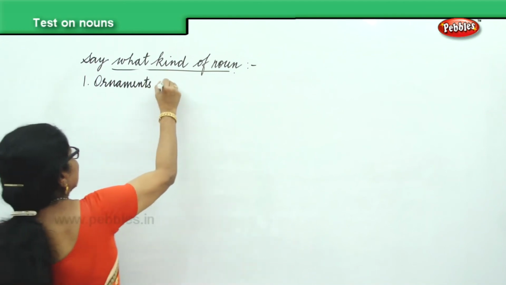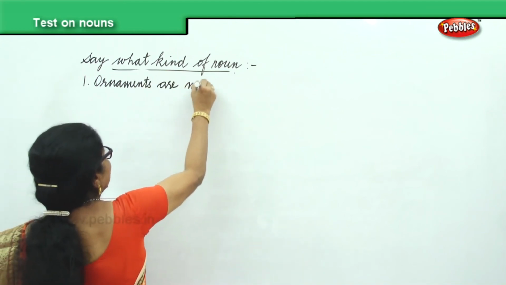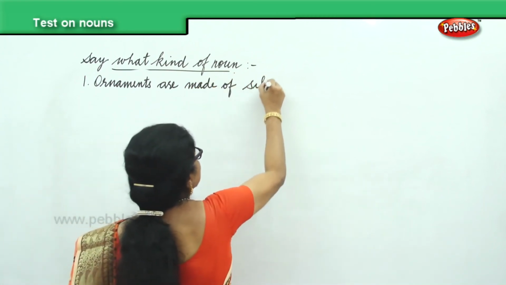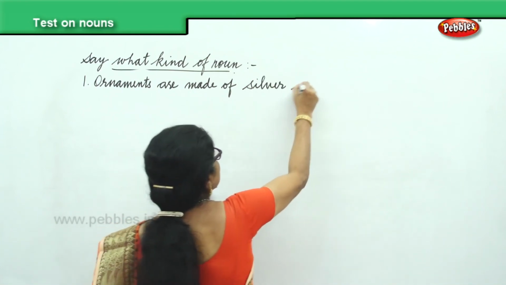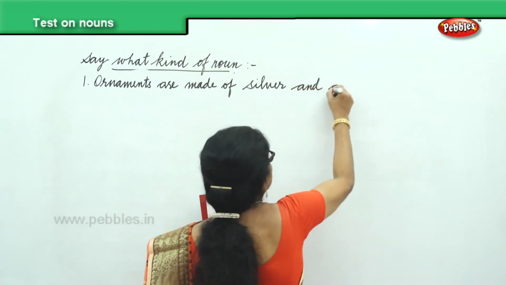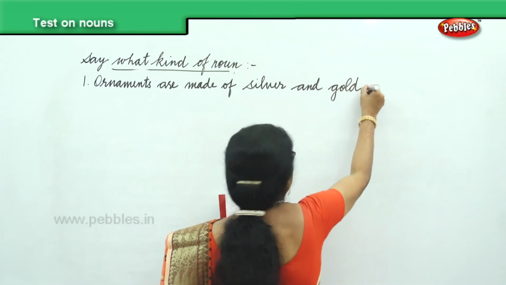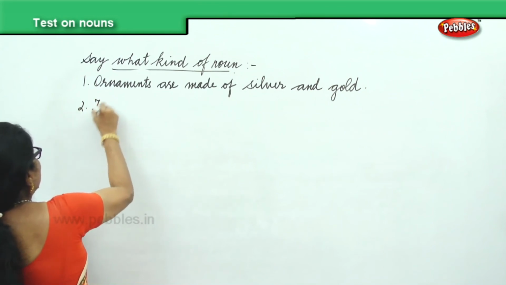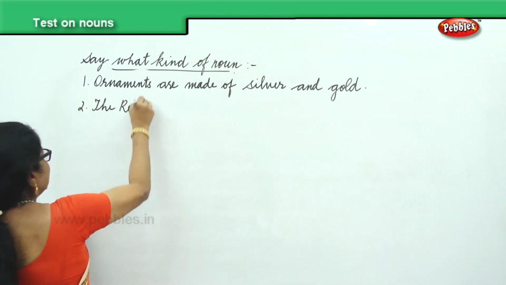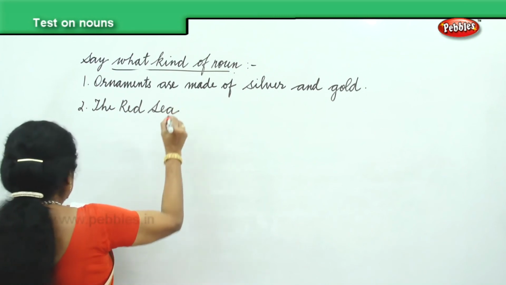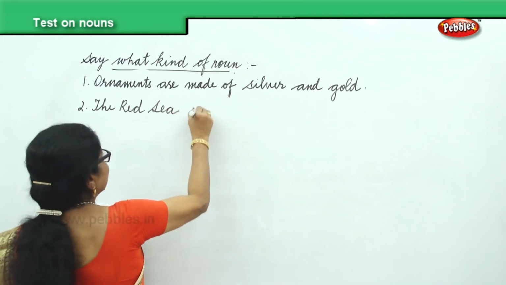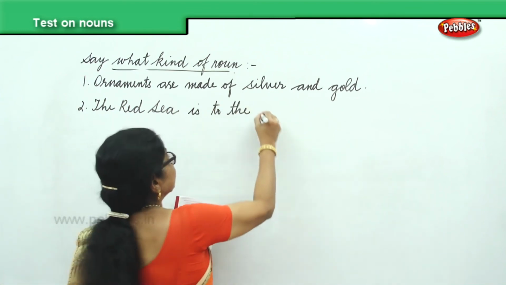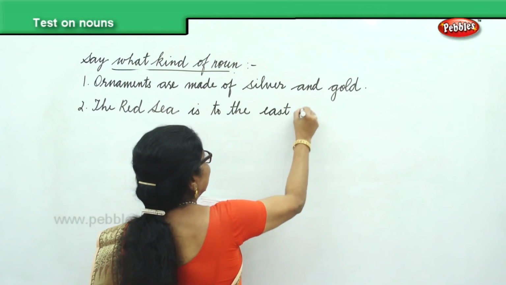Ornaments are made of silver and gold. Second, the Red Sea is to the east of Egypt.